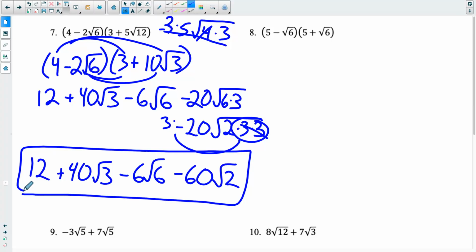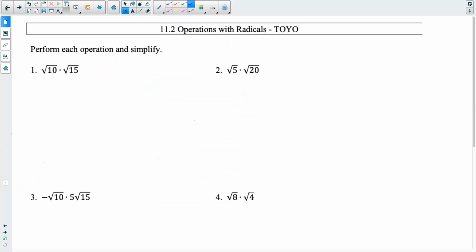Other questions from the whole? Could you do 18 from 11.1? Sure.